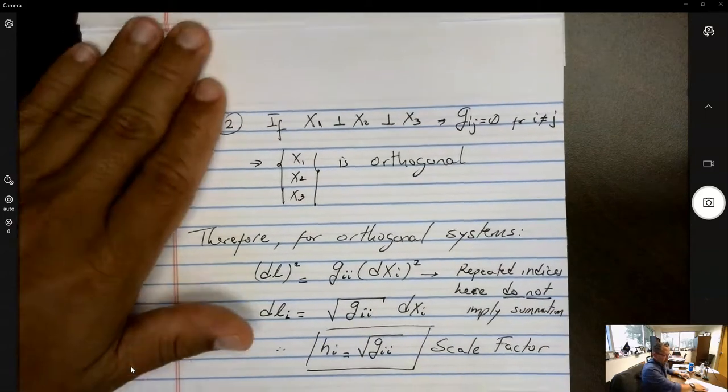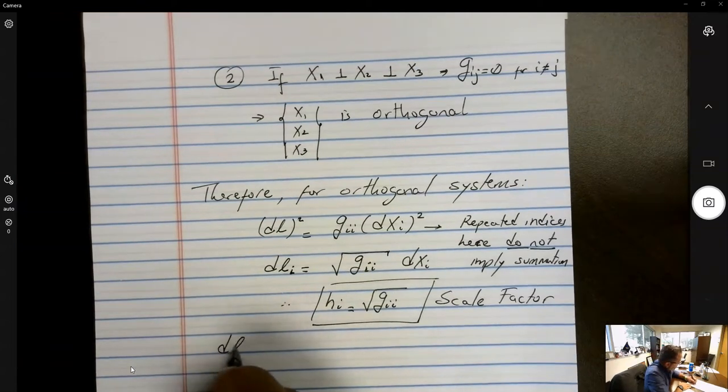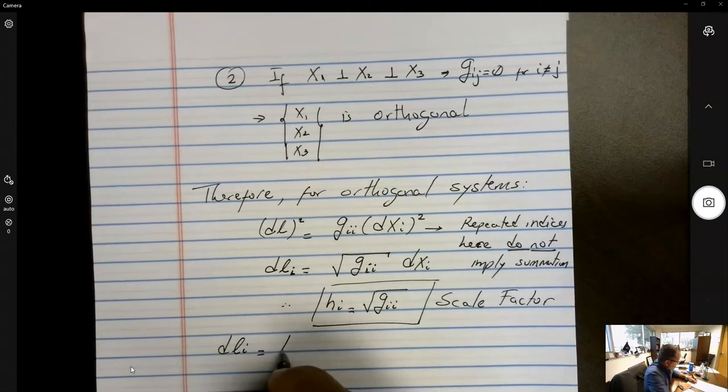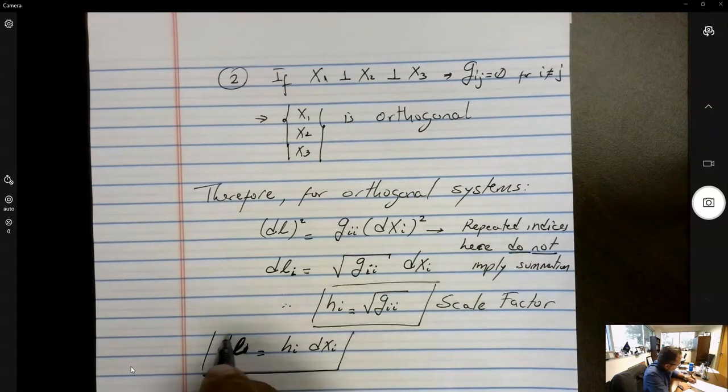So dl is equal to hi dxi. I'm sorry, this is just dl, not dli. Just dl, the differential arc length, is hi times dxi. Well, the ith one, that was correct.